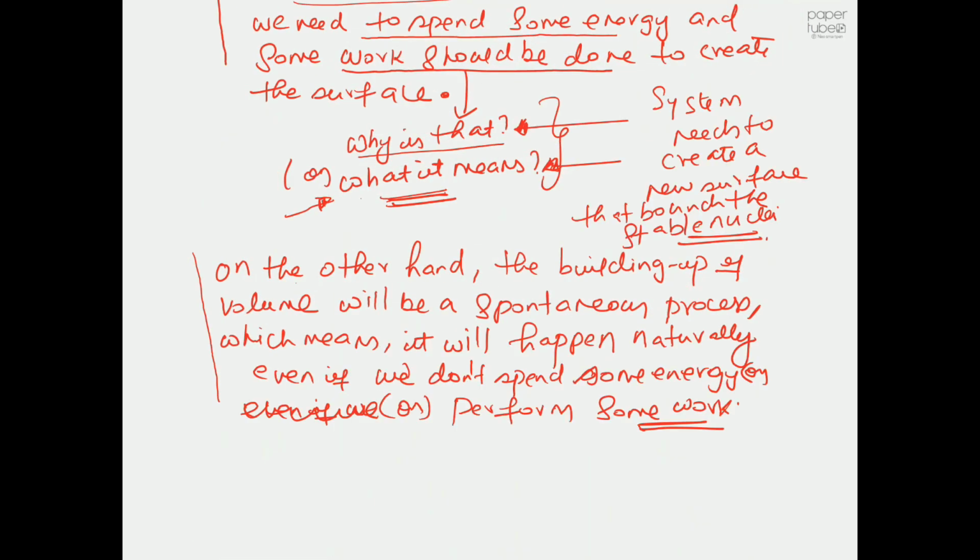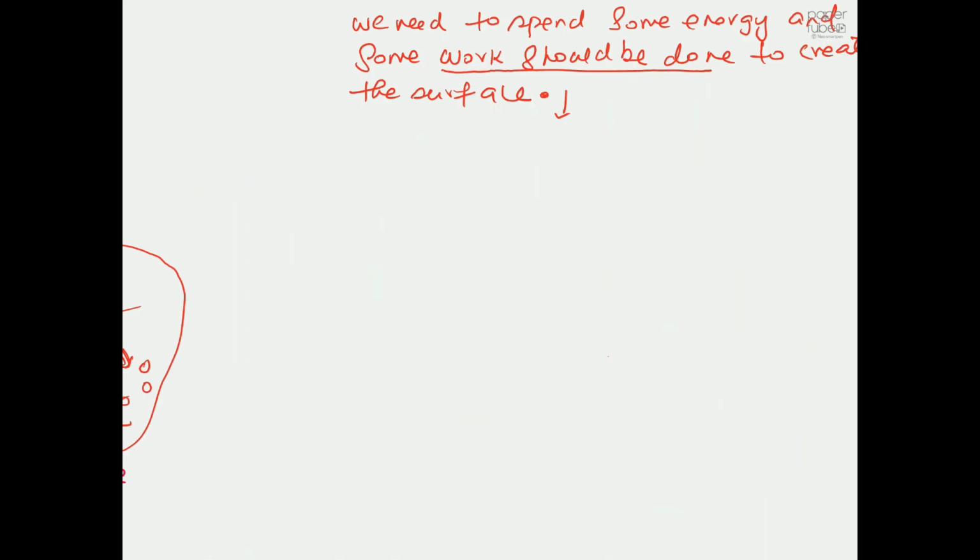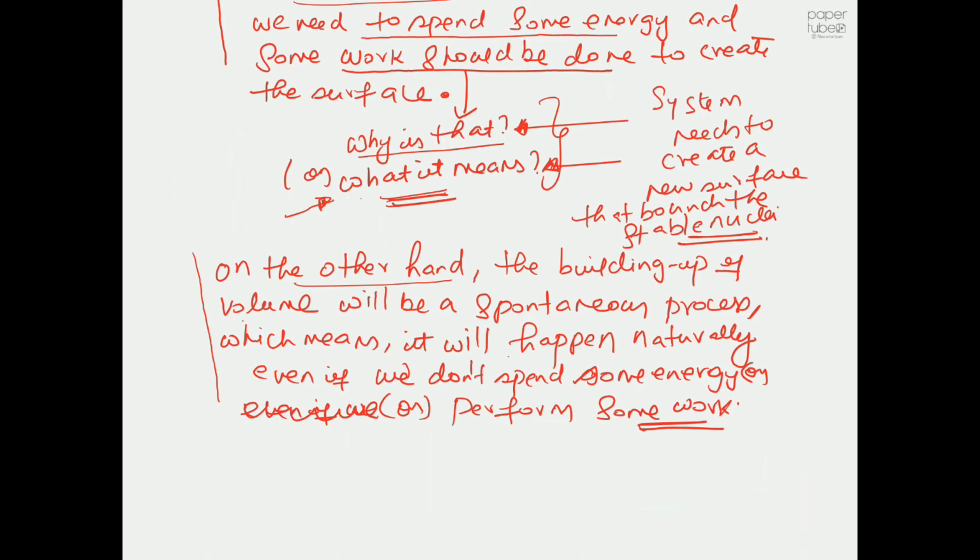We have to look at the other side. On the other hand, the building up of volume, maybe let's go back to this diagram here. If you see here, the solute molecules come together something like here, and then they try to build up. So the building up of volume is going to be a spontaneous process. Naturally, molecules like to move randomly here and there, unless it is a solid.